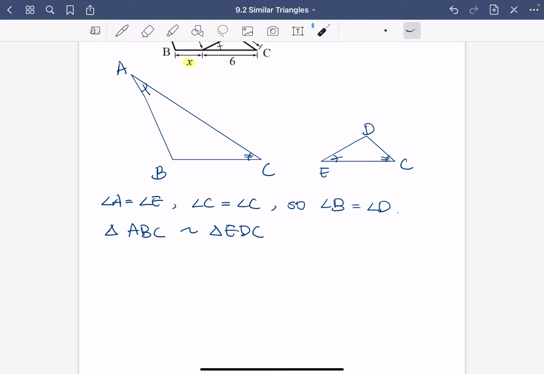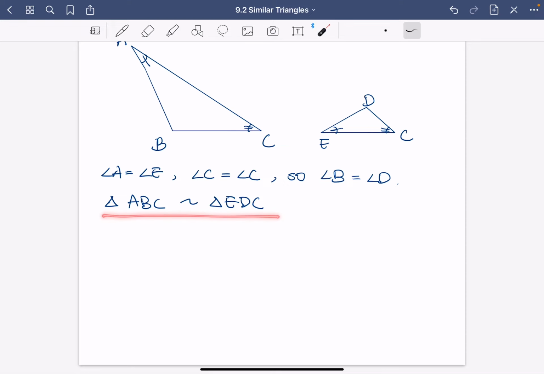And notice how I put them in the same order. A, B, C, and then E, D, C. It just makes my life easier so that when I say AB, I know the corresponding side must be ED, because the vertices are the same because their angles are the same. These angles are corresponding angles.